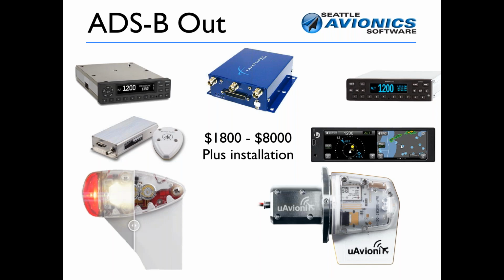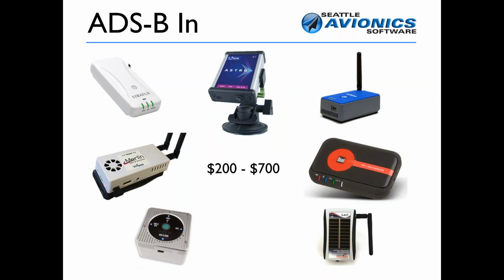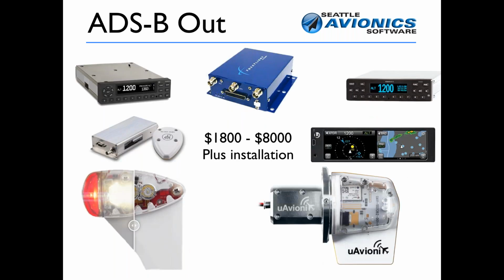If you already have an ADSB receiver, and by that I mean something like this, if you have a Stratus 3 or one of the new Astrolinks or the Dynon DRX or any kind of a Stratux, including our Merlin, any of these ADSB in units, then if you have an ADSB out system that broadcasts from here, assuming it's on 978, it will trigger the ground station to send data back up. And that data can be received by anything that's listening to it. It doesn't have to be the same box.